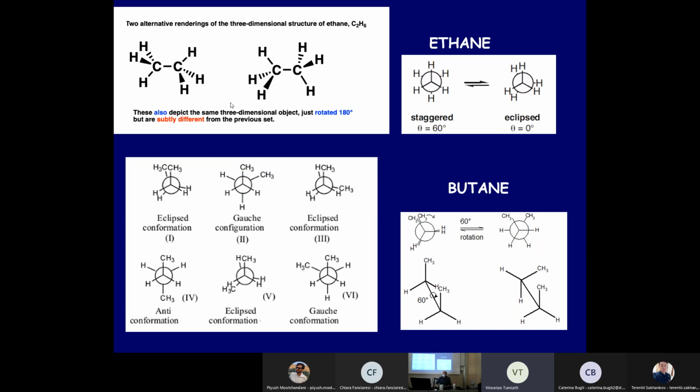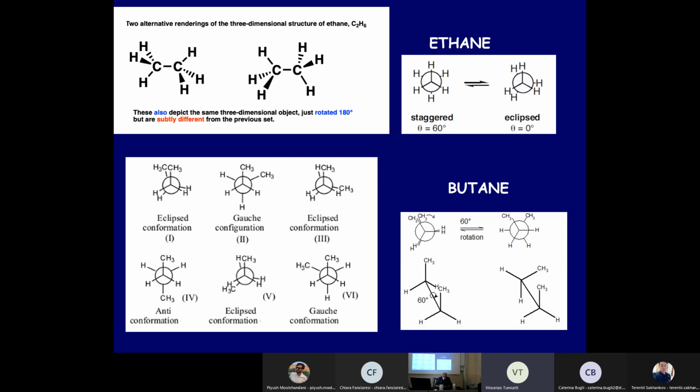Here you can see the different conformations of a very simple molecule, ethane: staggered, eclipsed, gauche, anti.